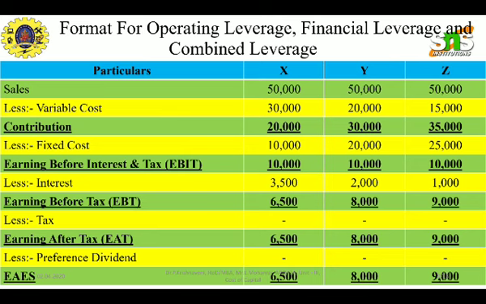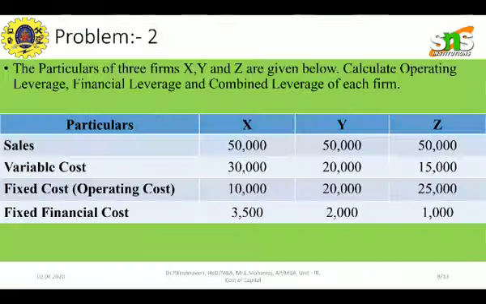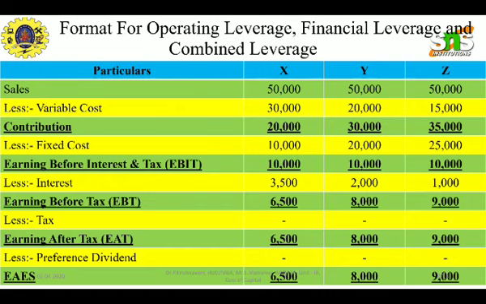Then contribution minus fixed cost. The fixed cost is already given in your question: 10,000 for X, 20,000 for Y and 25,000 for Z.